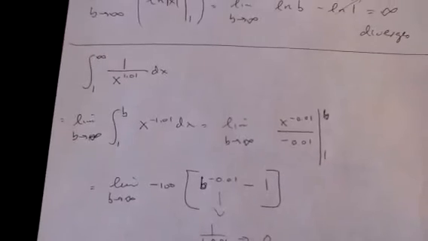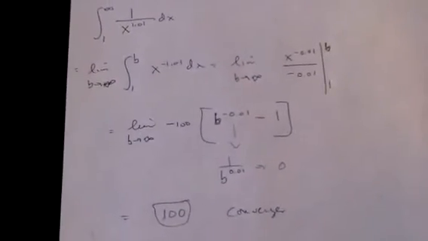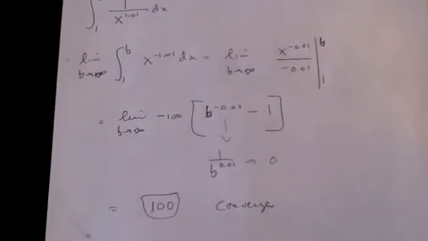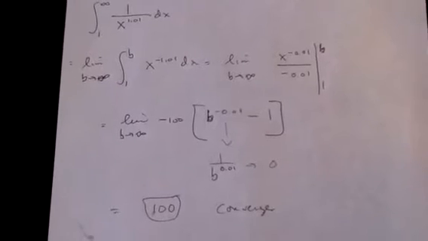And that works out to be the limit as b goes to infinity of negative 100 times b to the negative 0.01 minus 1. But b to the negative 0.01, that's the same as 1 over b to the 0.01. That's going to 0. It's going to go slowly, but definitely as b gets bigger and bigger, that's going to go to 0. So that will converge.